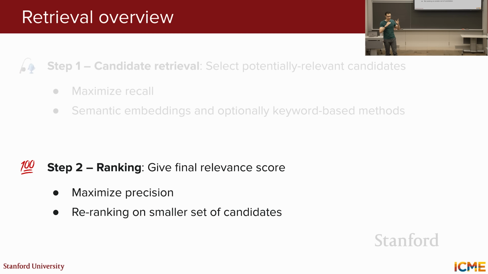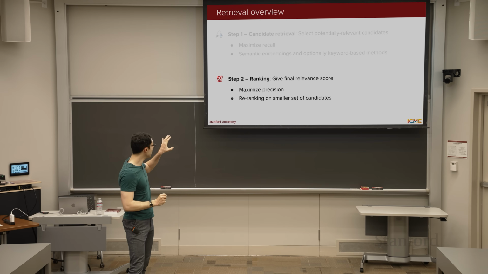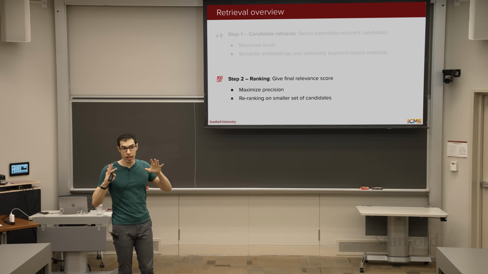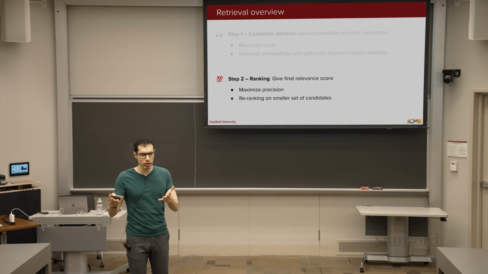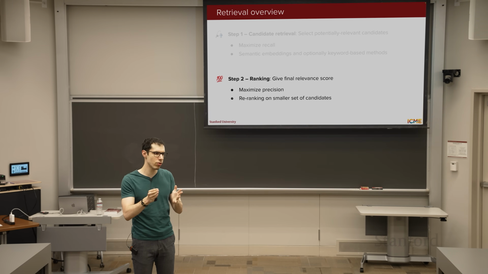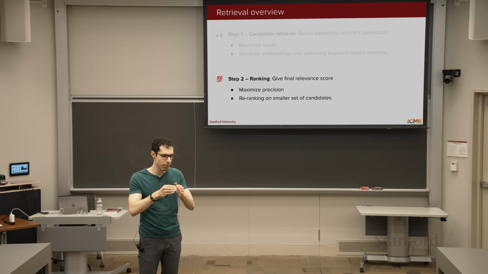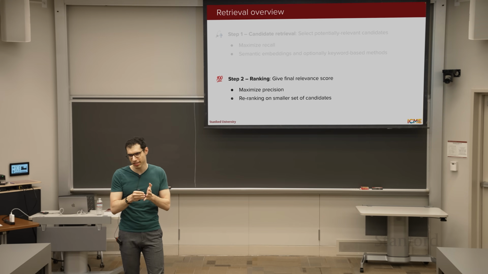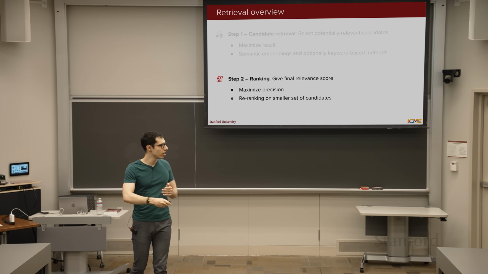The idea here is, based on the list of potentially relevant documents, to rank them in a way that the relevant ones come at the top. Typically during that stage, we use a method that is a bit more compute intensive, because we have a much smaller set of candidates to rank compared to the first one.